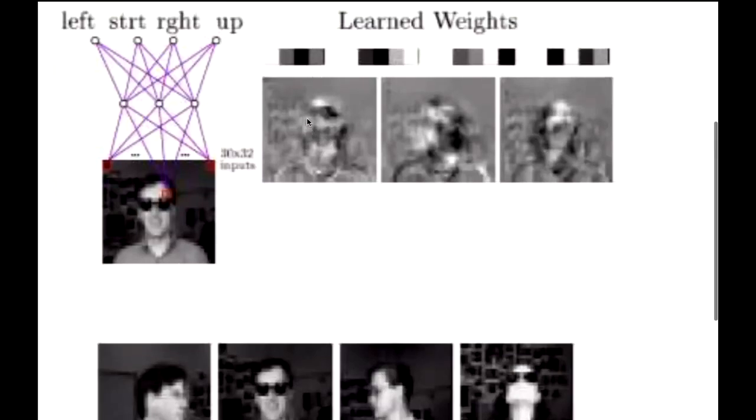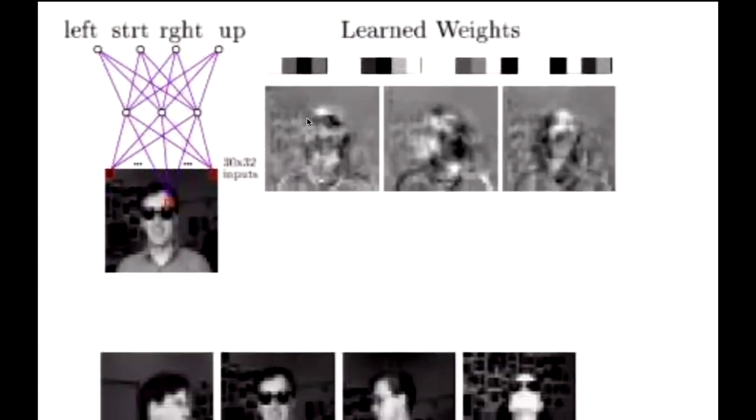So I think this node is going to have a high value when the person is looking right, but probably a low value when they're looking left. This node is going to have a high value when they're looking up, and that one when they're looking down. So it's pretty weird.